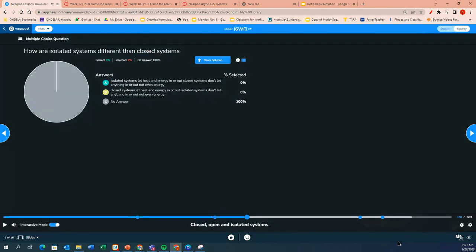All right. How are isolated systems different from closed systems? Closed systems let heat and energy in or out, but isolated systems don't let anything in or out, not even energy.